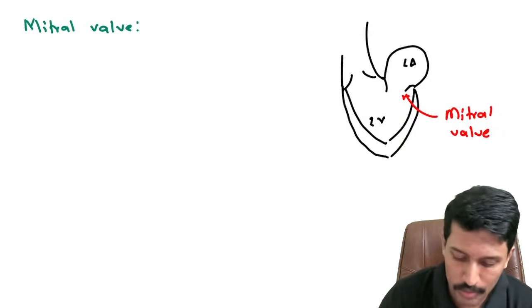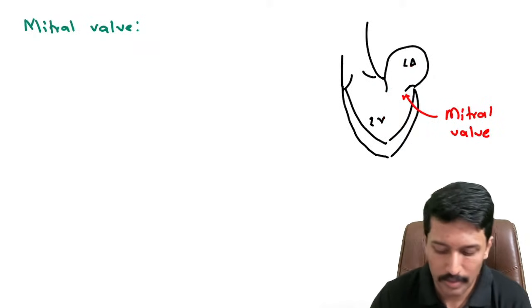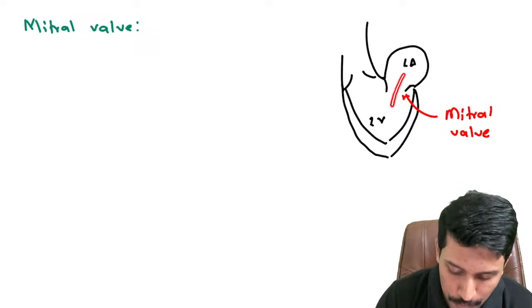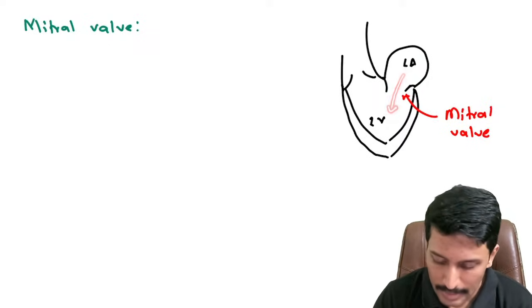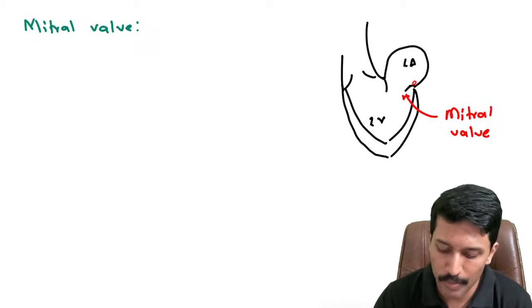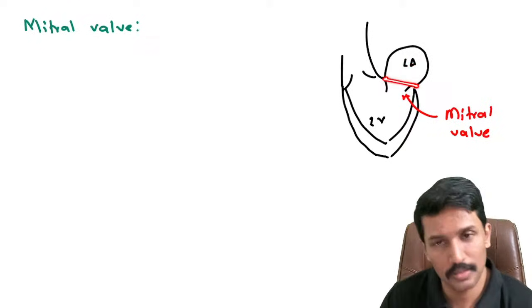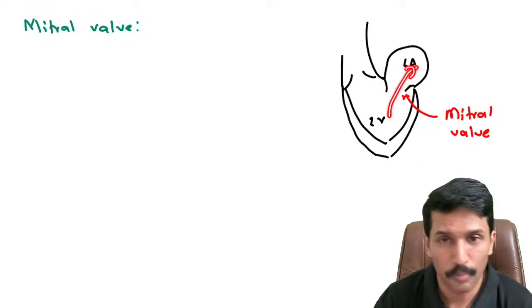Its job is to allow the movement of blood from left atrium to left ventricle during diastole, because I fill the ventricle during diastole, I eject from the ventricle during systole. So mitral valve opens in diastole so that blood moves from LA to LV. It remains closed in systole so that the blood does not move back.